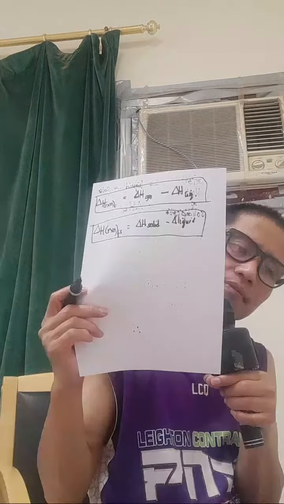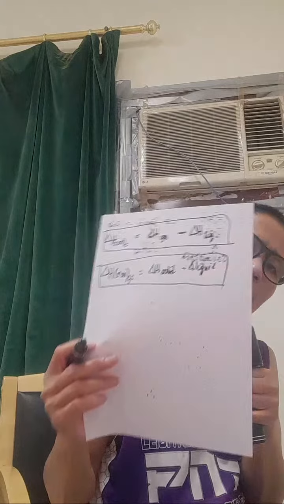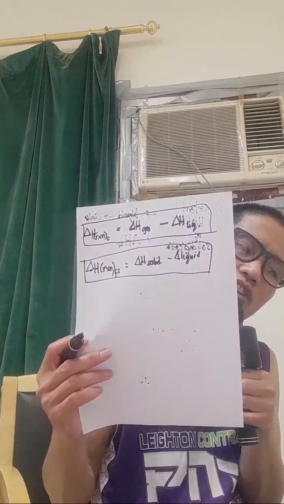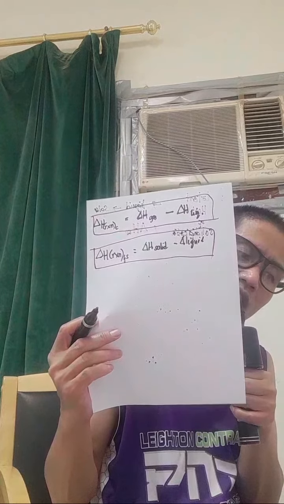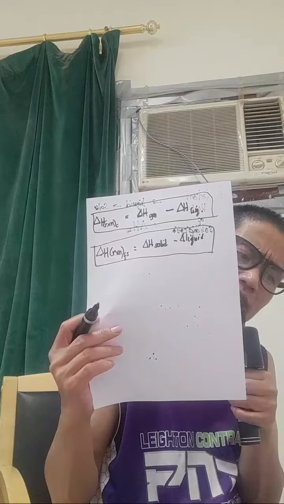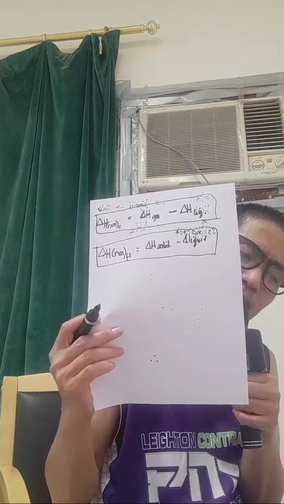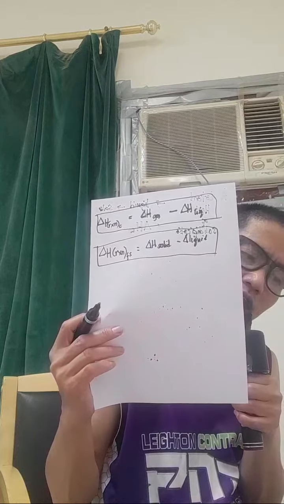Okay, then delta H. So liquid. Okay, the enthalpy change of fusion of the reaction is equal to the change of enthalpy of solid minus the enthalpy change of liquid. Now we go to sublimation.